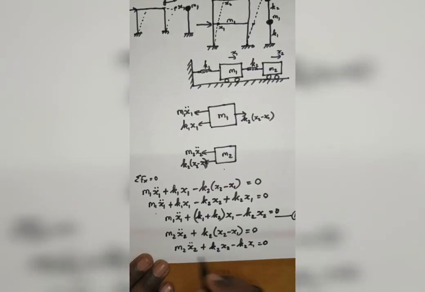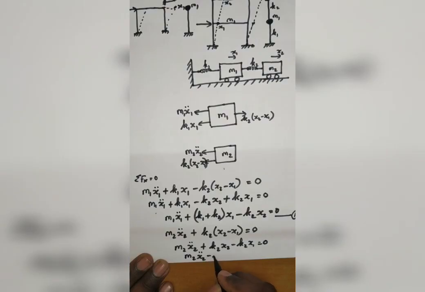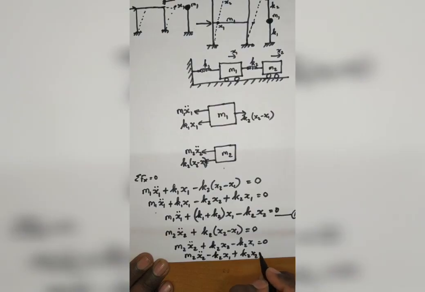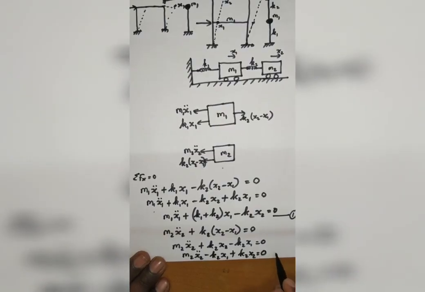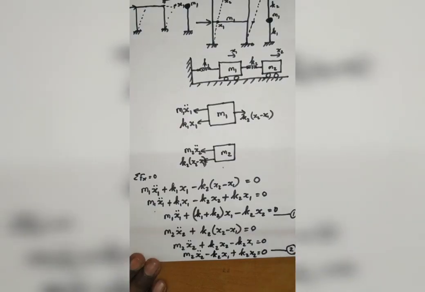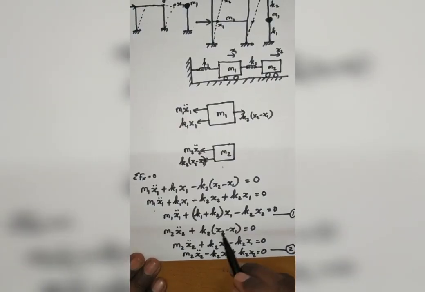I can just rewrite this as M2 x2 double dot minus K2 x1 plus K2 x2 equal to 0, and this will be equation number 2. Okay, so this is how you can formulate the equation of motion for a 2 degrees of freedom system.